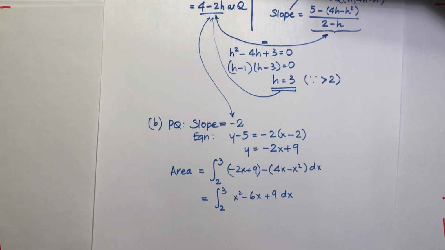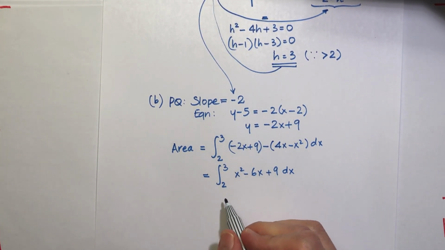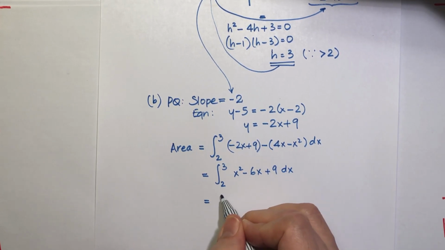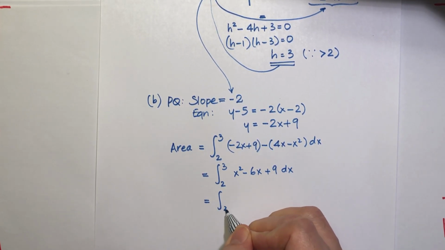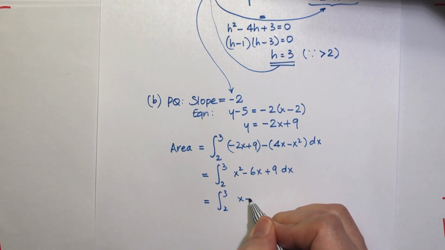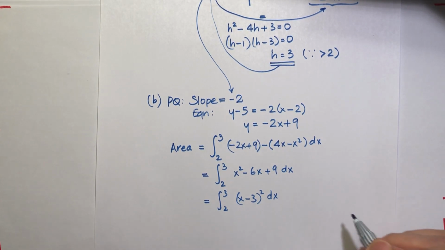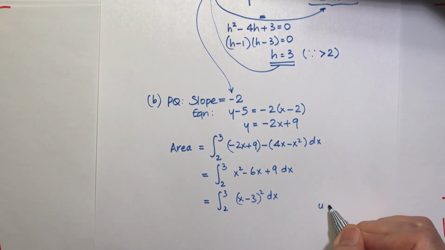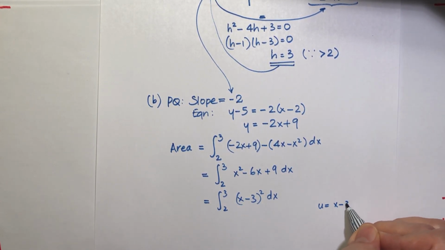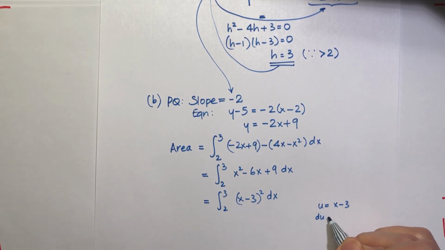Now this happens to be just (x minus 3) squared, which is very convenient because we can substitute x minus 3. We can put u equals x minus 3 and du equals dx.